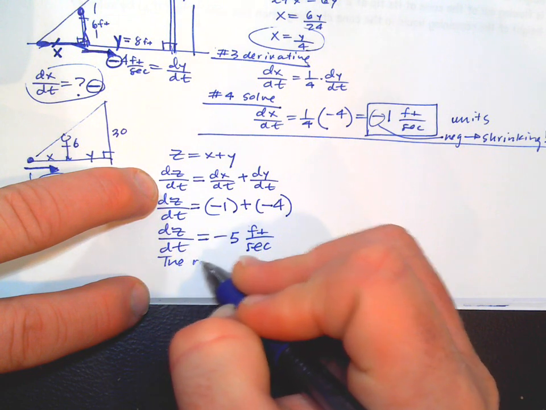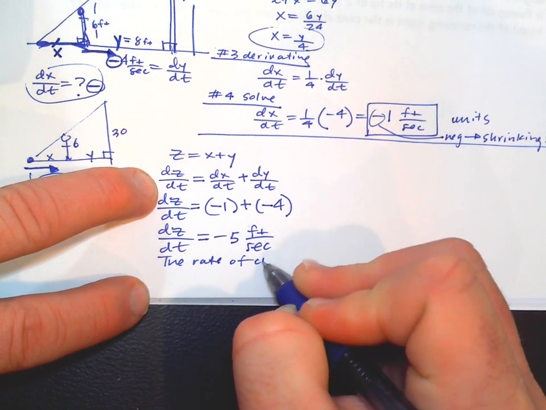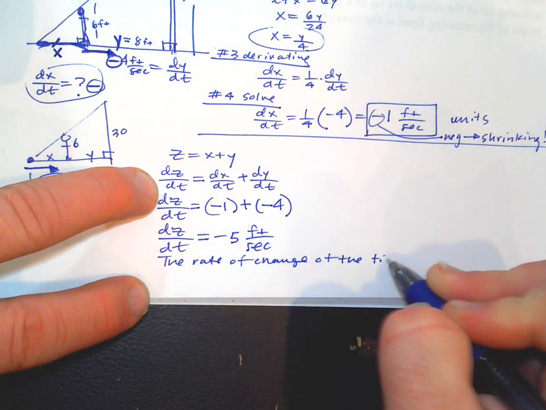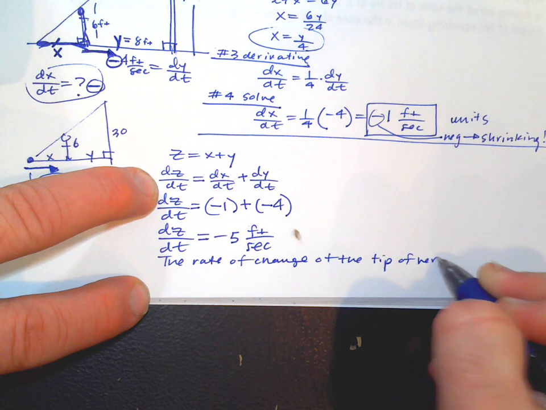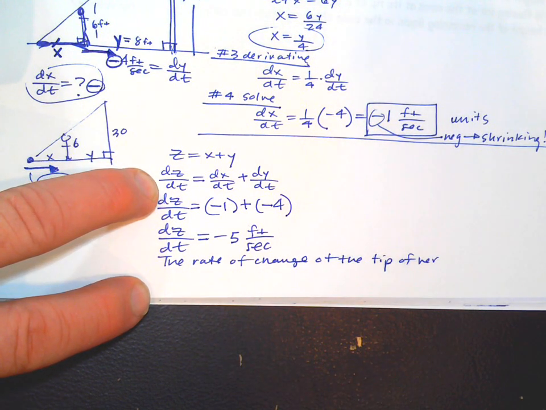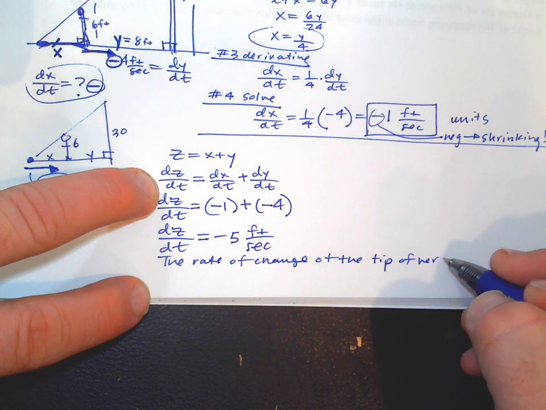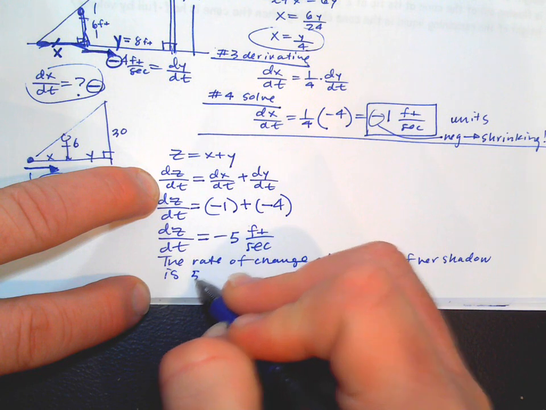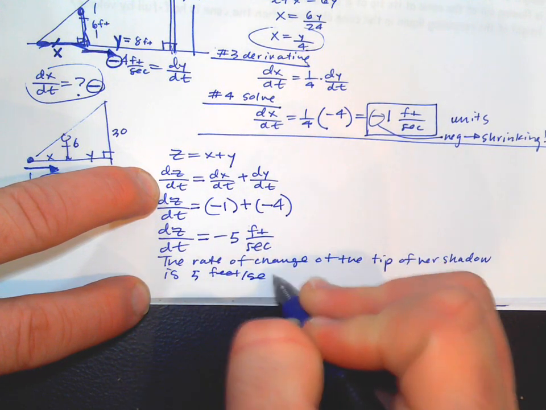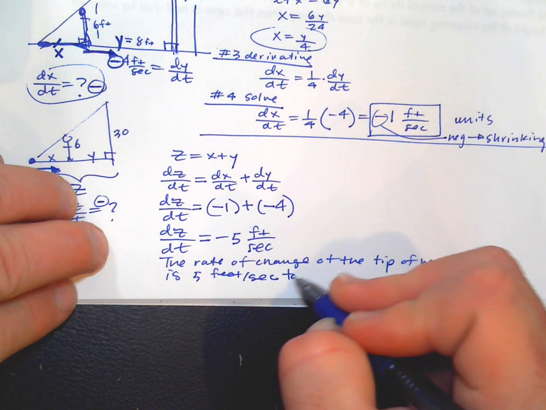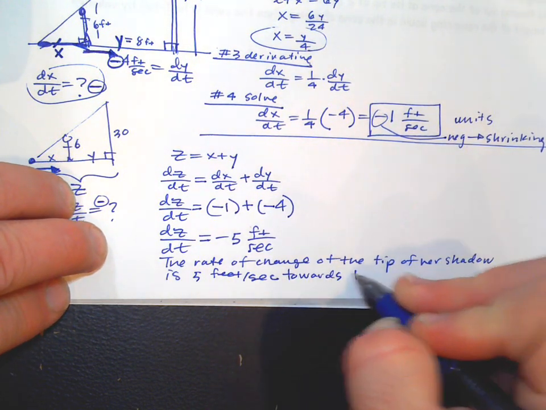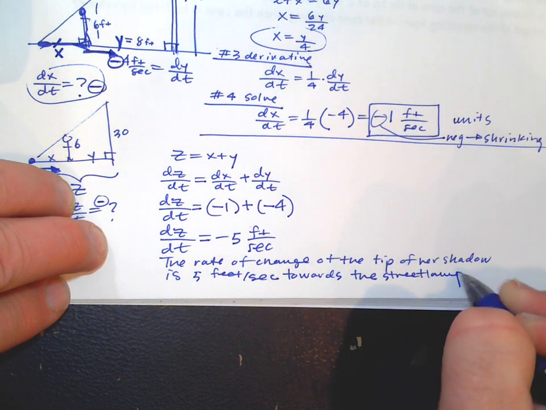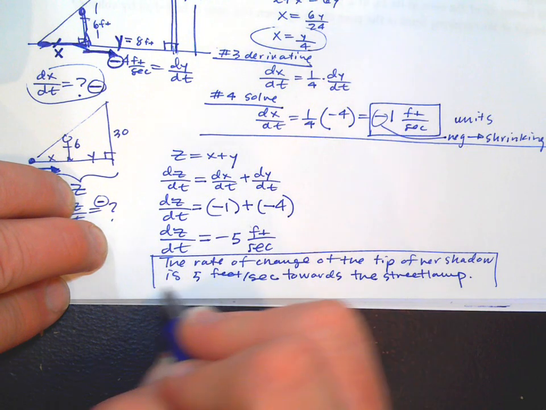The rate of change of the tip of her shadow is 5 feet per second towards the street lamp. It's more of like a speed, and you could indicate direction right there.